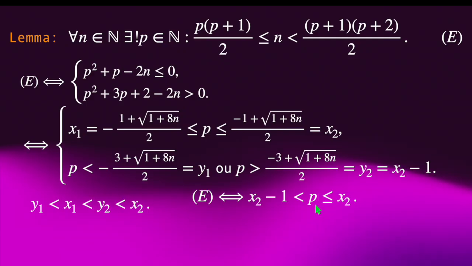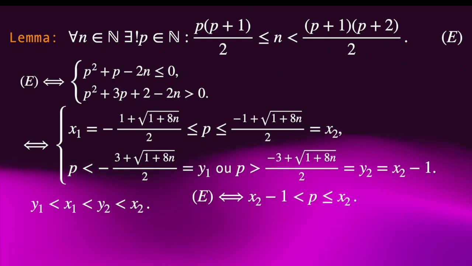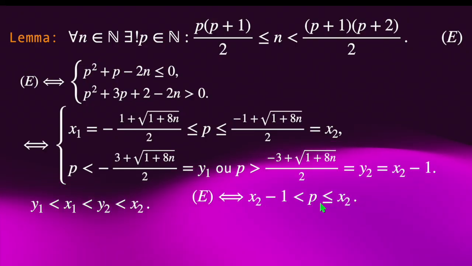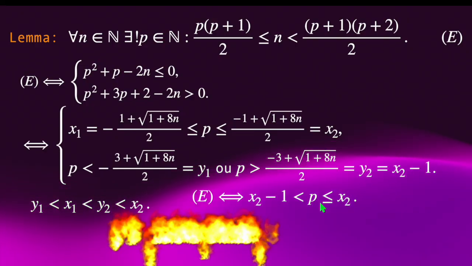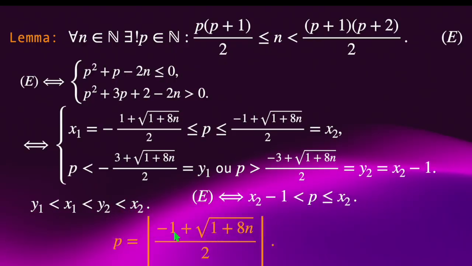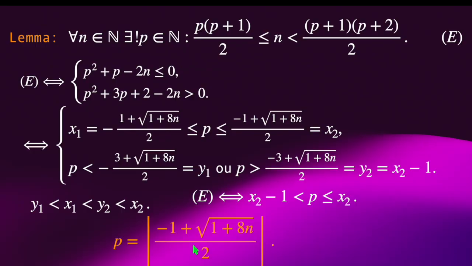And it is well known that there is one unique natural number which satisfies this inequality, namely the floor of x2. So p is the floor of x2.